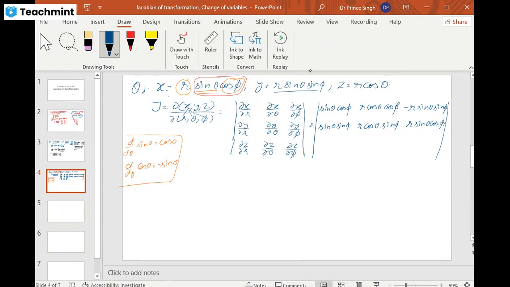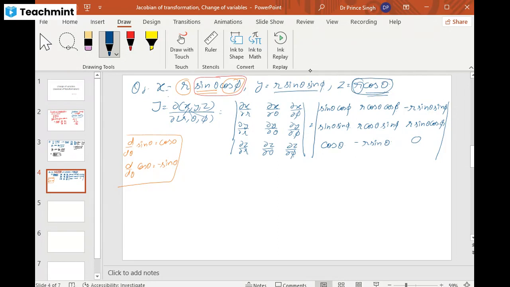Now come to z. It depends only on r and theta. If I differentiate with respect to r, its derivative is cos theta. If I differentiate with respect to theta, minus r sine theta. And if I differentiate with respect to phi, because it is independent of phi, its derivative is 0.